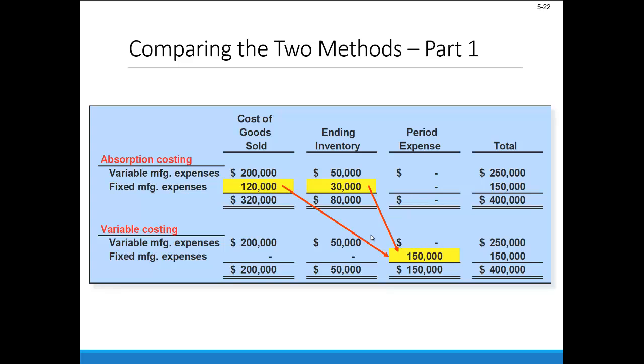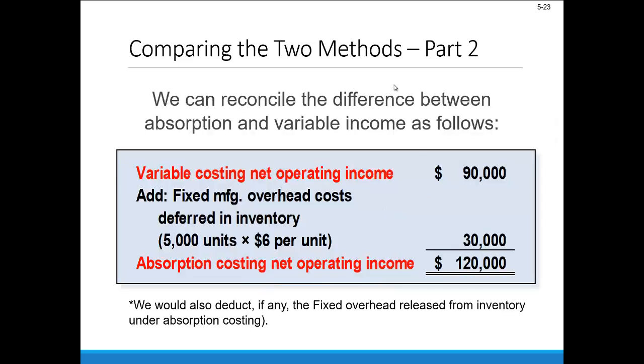So again, that's the entire difference in net income there. It's this 30,000 in fixed overhead that under absorption costing is trapped or deferred in inventory, and not forever, right? Only until these units are eventually sold sometime down the road. So we can formally reconcile that difference as follows.